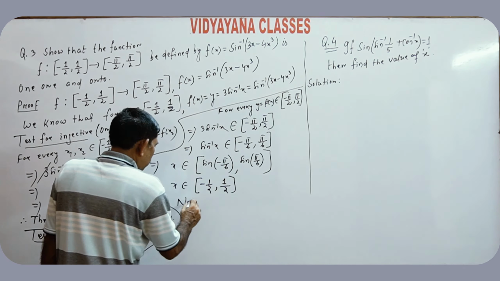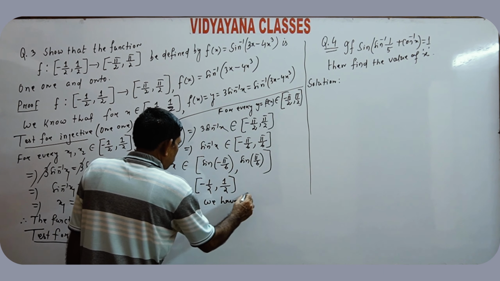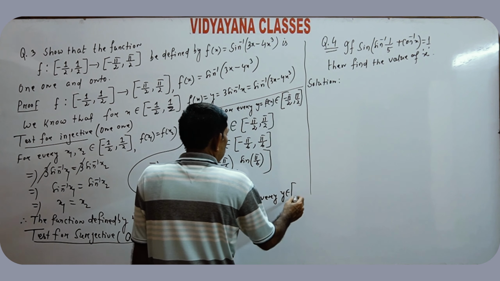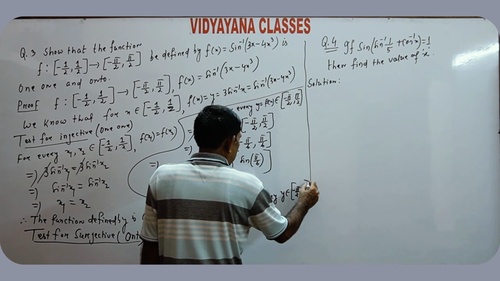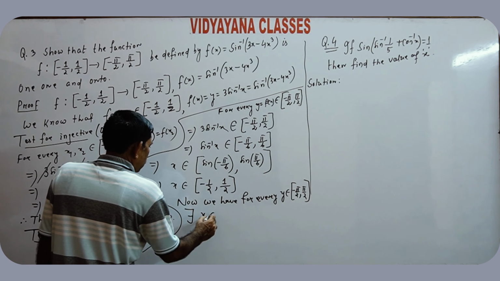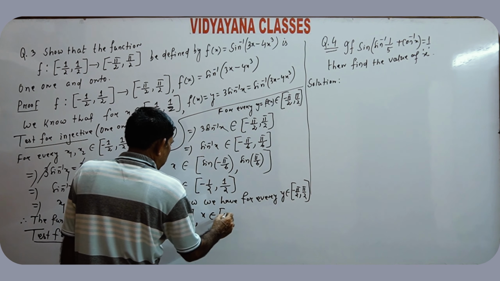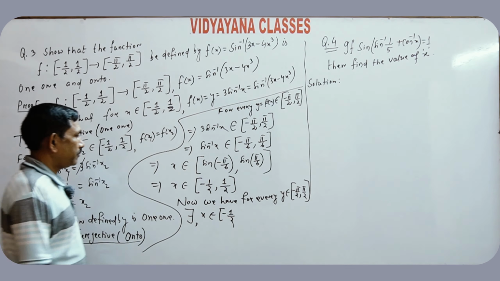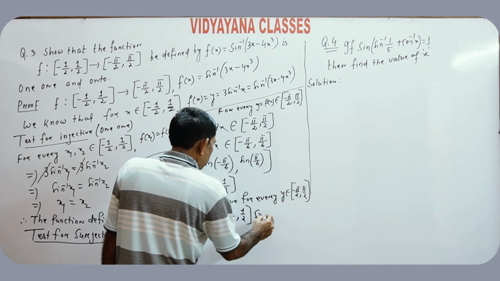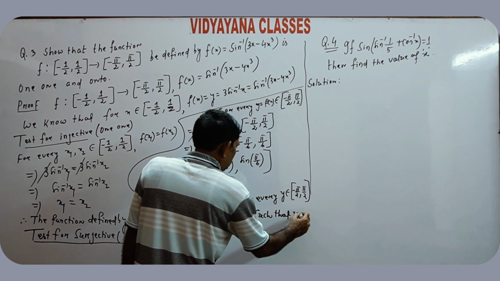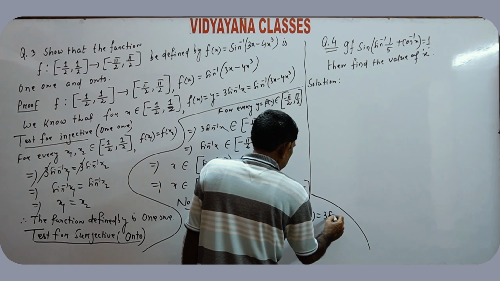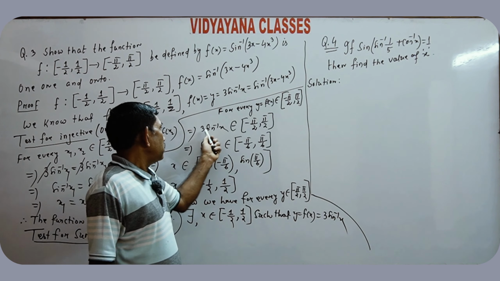Now we have, for every y belongs to [-π/2, π/2], there exists x belongs to [-1/2, 1/2] so that y is equal to f(x) is equal to 3 sin⁻¹x.